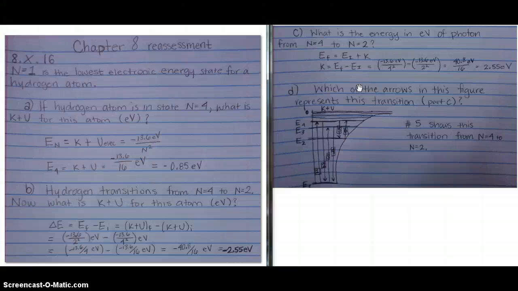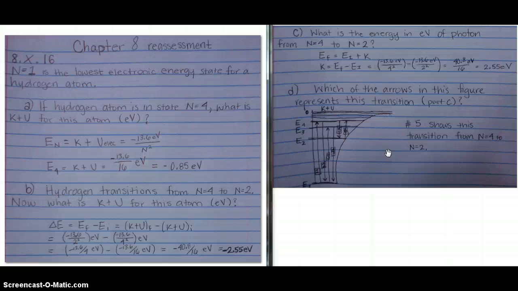So when the hydrogen atom dropped to a lower energy state, it emitted a photon which had a positive energy. But when you calculate the energy of the hydrogen atom in part B, you get a negative energy because the energy decreased for the atom, whereas the photon that was emitted had a positive energy.